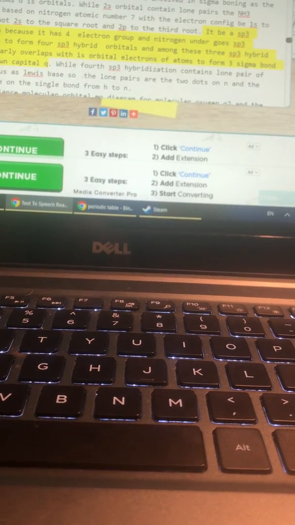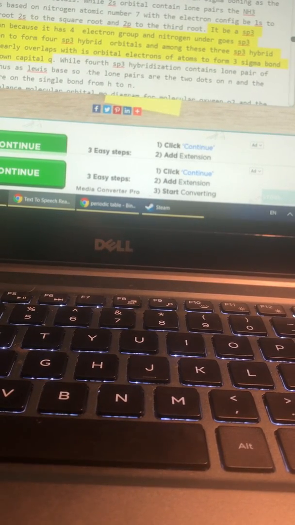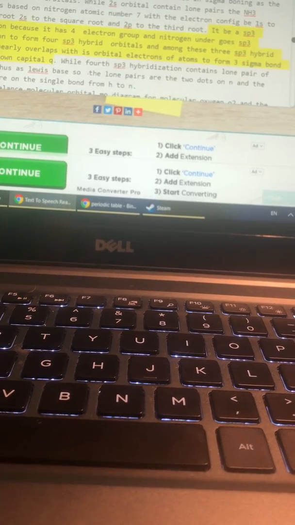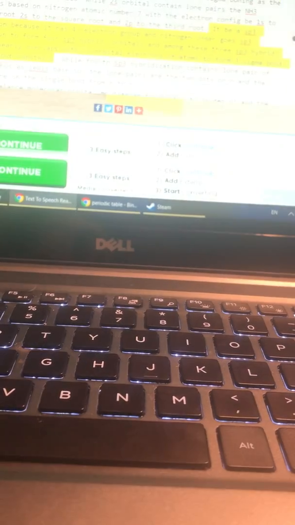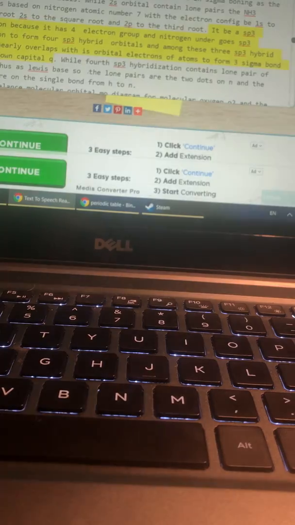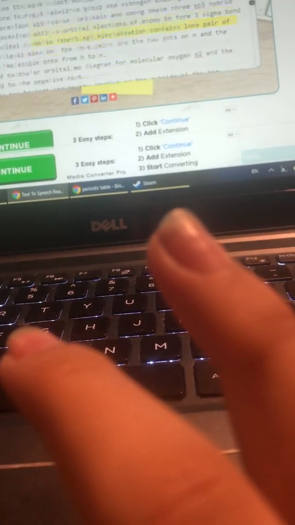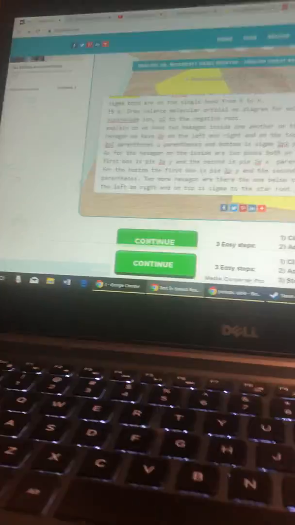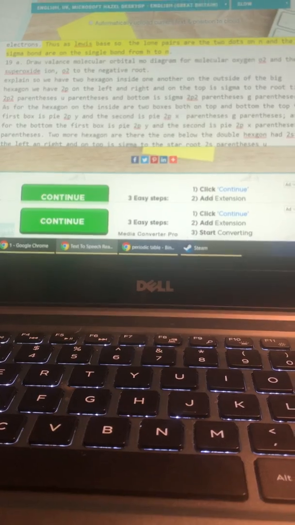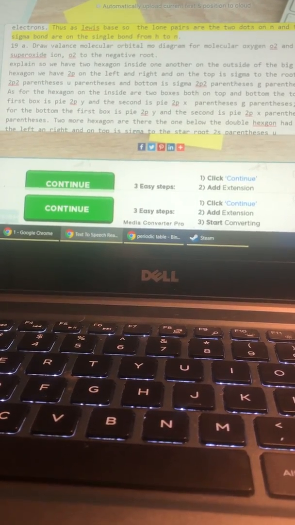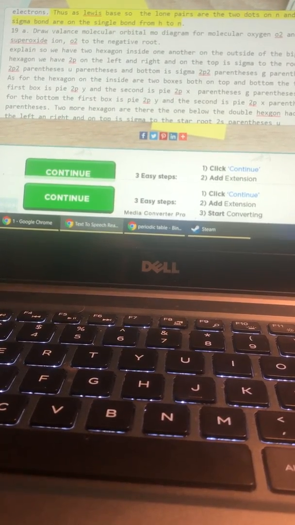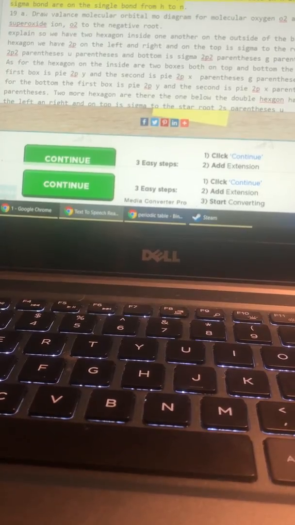Among these, 3 sp3 hybrid orbitals linearly overlap with the s orbital electrons of the hydrogen atoms to form 3 sigma bonds, aka upside down capital Q, while the 4th sp3 hybrid orbital contains a lone pair of electrons, thus acting as a Lewis base. So the lone pair is the 2 dots on N and the sigma bonds are the single bonds from H to N.